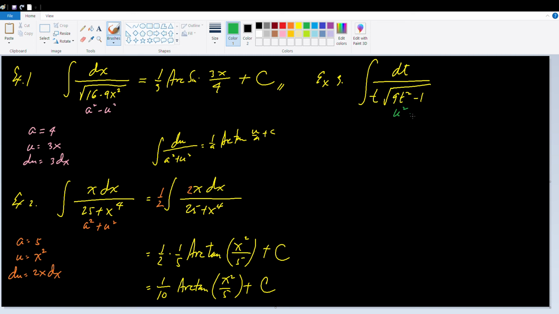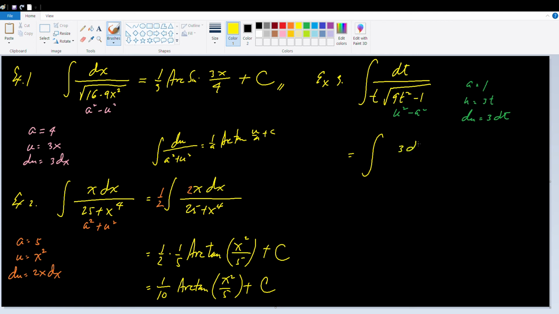The radicand is of the form u squared minus a squared. So a is 1 and u is 3t. Taking the differential of 3t, that will be 3 dt. So we just have to complete our du.